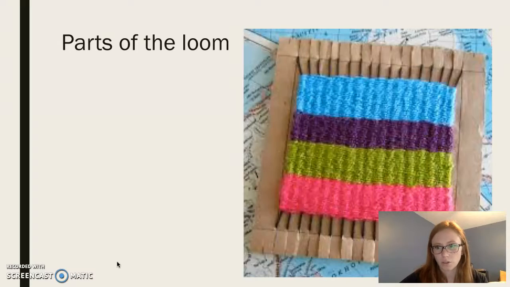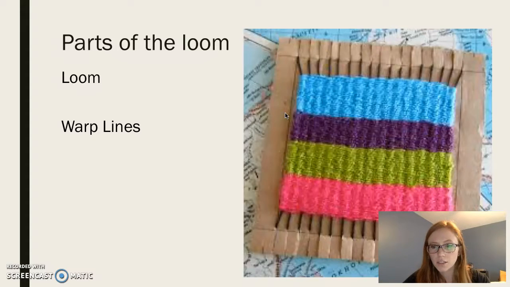Now the parts of the loom. There are 4 parts for this lesson I want you to pay attention to. One is the actual loom itself. That is going to be made of cardboard. It is a frame, something that's holding our textile together before it's finished. On this loom, we create something known as warp lines.